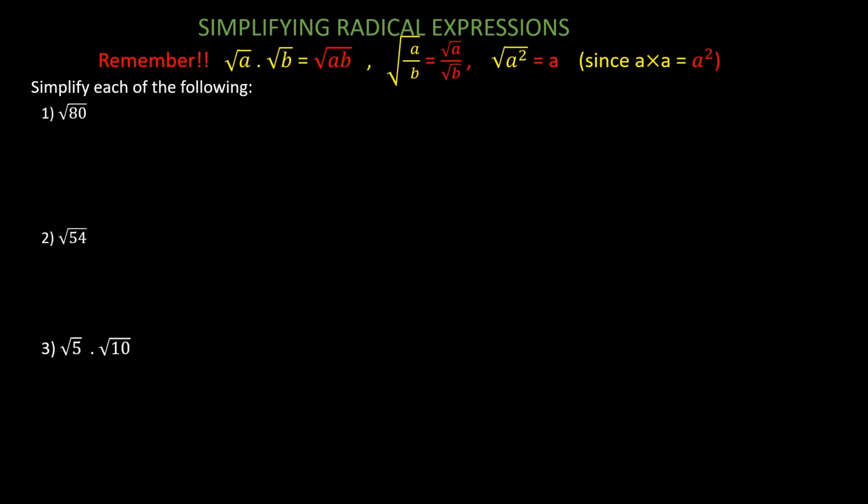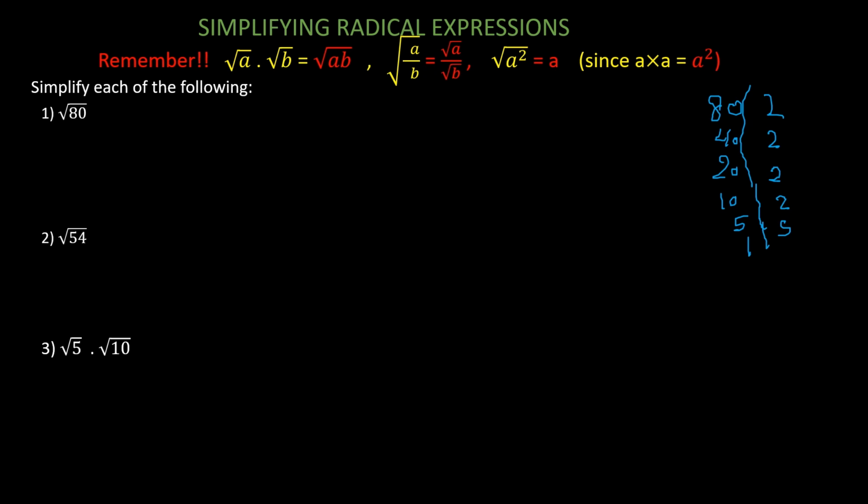In number one, we need to find the square root of 80. You can find the prime factors of 80 like this: 80 over 2 equals 40, over 2 equals 20, over 2 equals 10, over 2 equals 5, then over 5 equals 1.